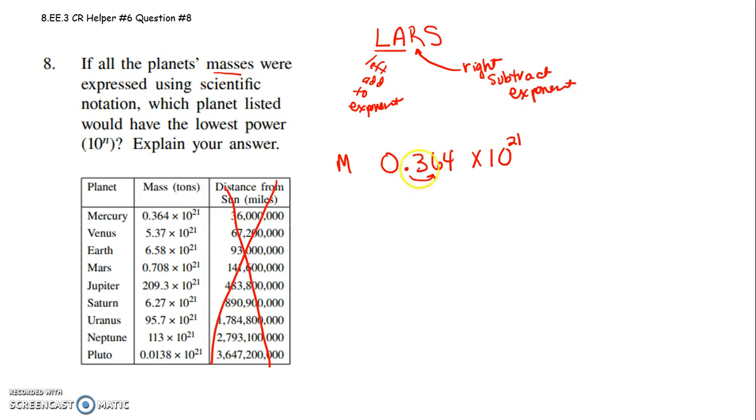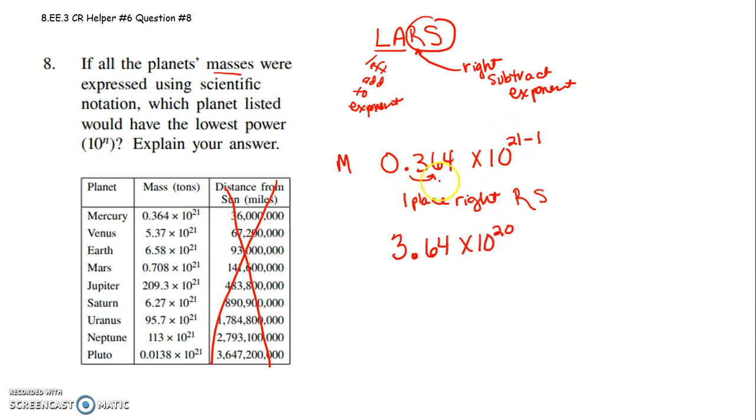So if numbers aren't in scientific notation, if I have to move this decimal point one place right, with right, you're going to subtract. So to go to the right, you'll subtract. So that means you'll take this 21 and subtract off 1. So in scientific notation, Mercury would be 3.64 times 10 to the 20. 21 minus 1 is 20.